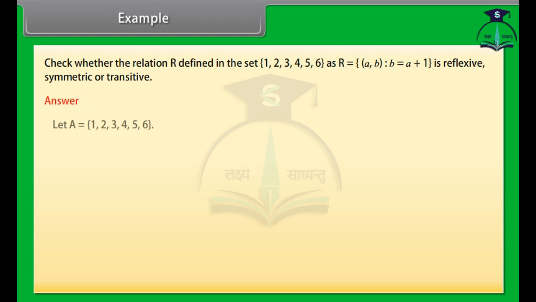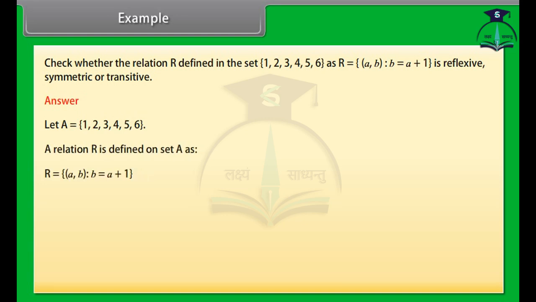Answer. Let A = {1, 2, 3, 4, 5, 6}. A relation R is defined on the set A as R = {(a, b) such that b = a + 1}. Therefore, R = {(1, 2), (2, 3), (3, 4), (4, 5), (5, 6)}.